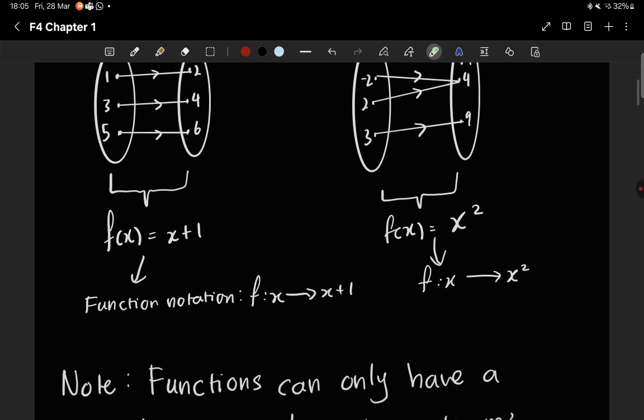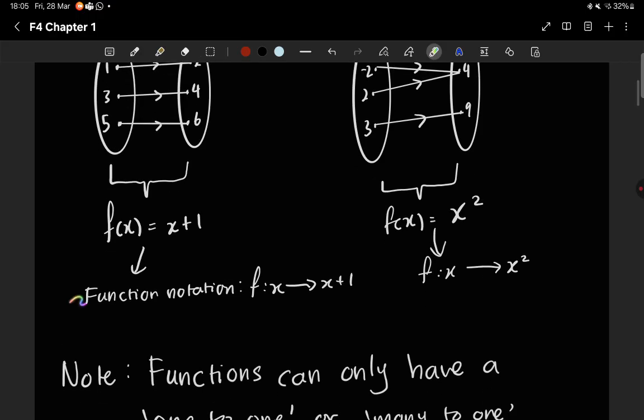Alright, and one little important thing over here is the function notation. So a function notation tends to not look like the usual representation where we have something like this. This is an equation, a function equation. However, a function notation is different. A function notation is denoted in this way.